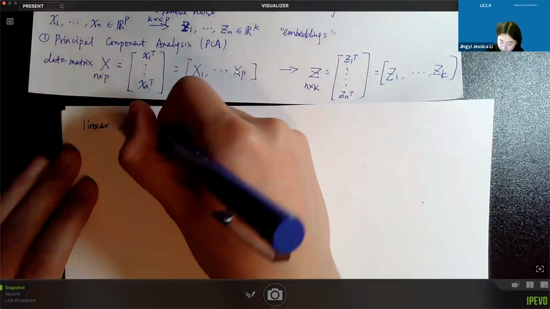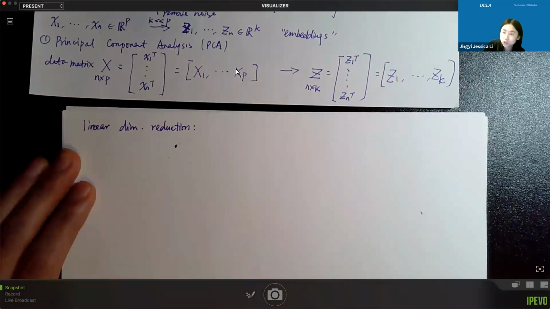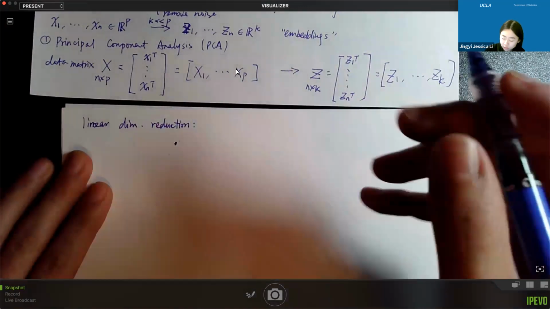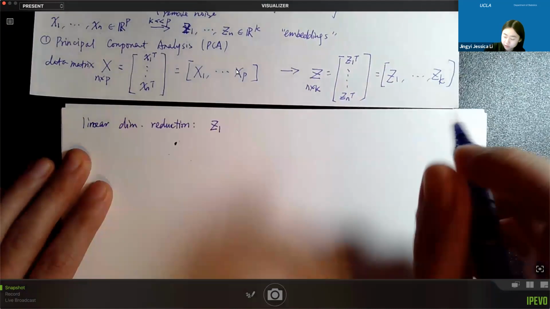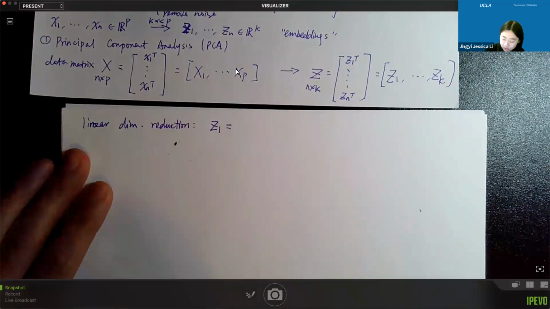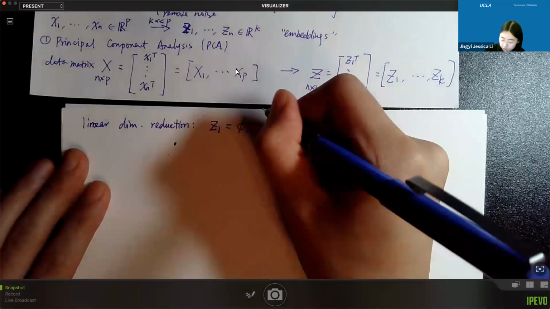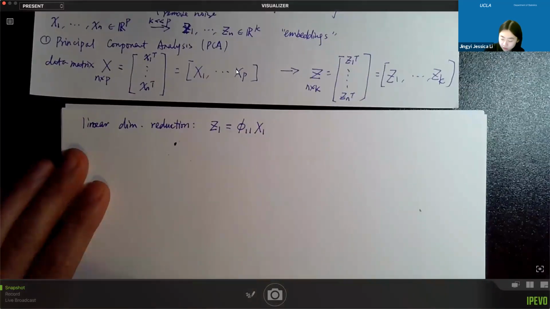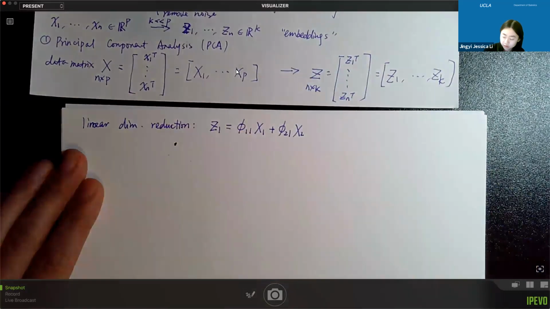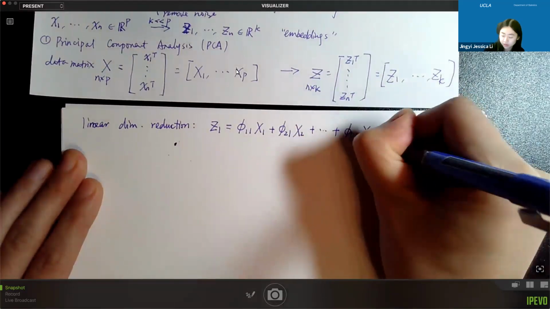By linear, I mean that each new dimension is a linear combination of the original p dimensions. So I write it out: z1, the first column, equals phi11 as the weight for the first original dimension, plus phi21 for the weight of the second original dimension, plus phi p1 times the p-th dimension.